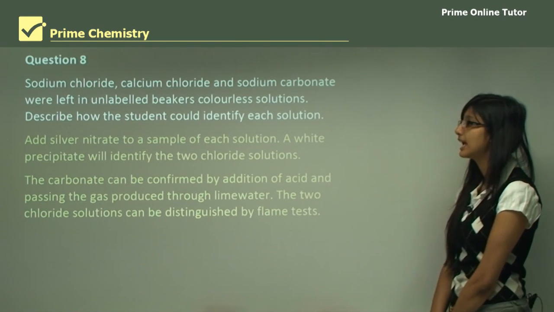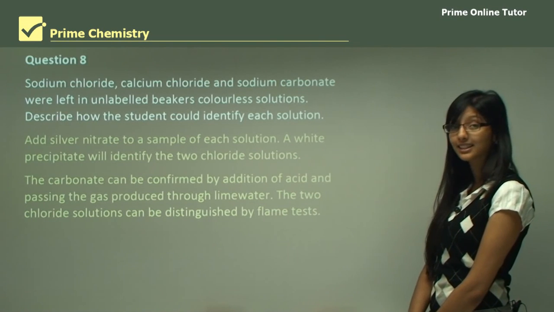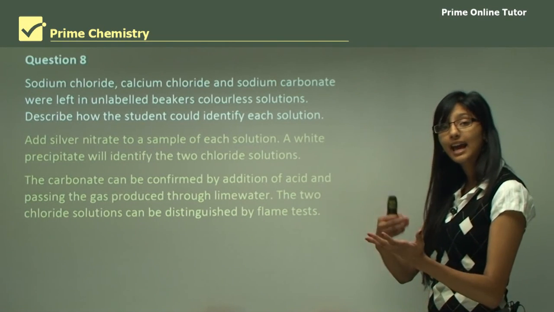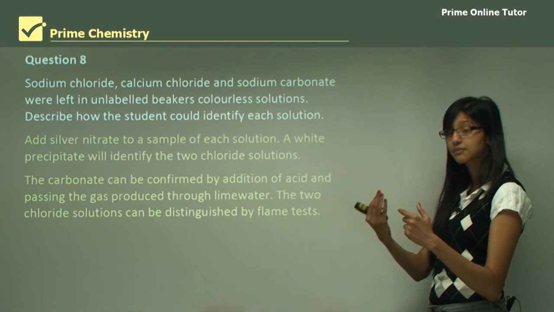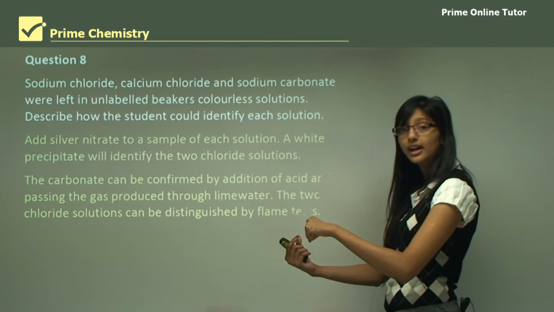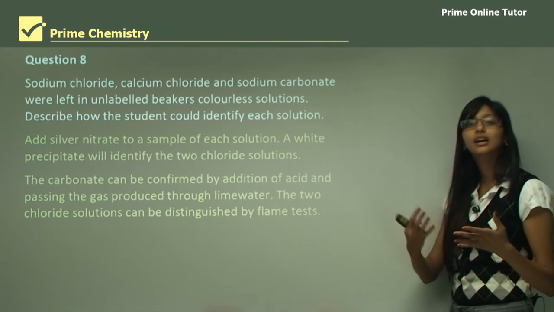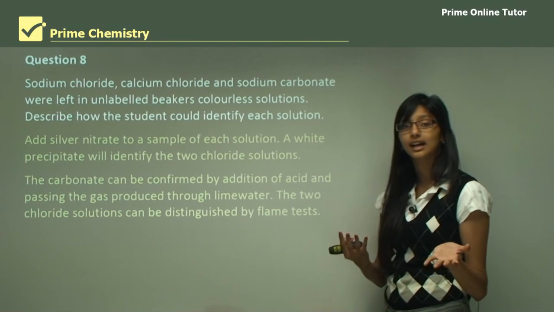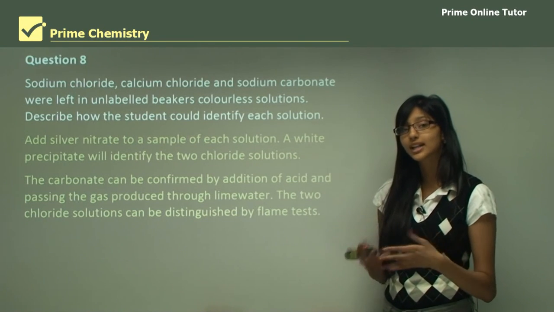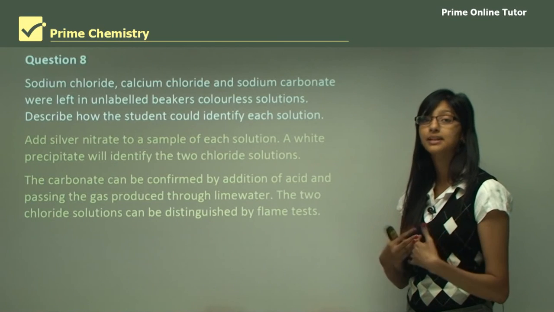The carbon dioxide that formed, if you put it into lime water, should create a milky white color. And if your solution turns milky white, it again indicates that carbonate ions are present.